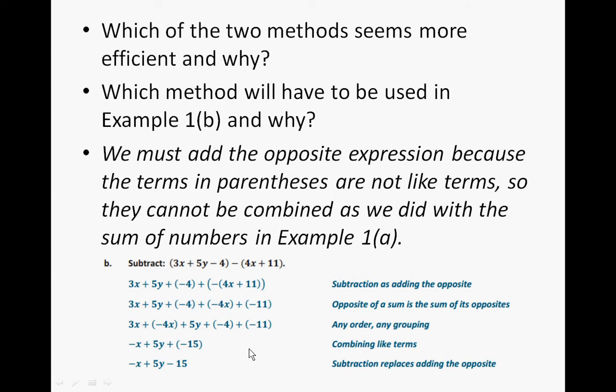Once we do that, now we can do any order, any grouping. We can combine like terms and put them next to each other. And then, combining like terms, we end up with a negative x plus 5y plus negative 15, which is also, again, subtraction, replacing the opposite, negative x plus 5y minus 15.